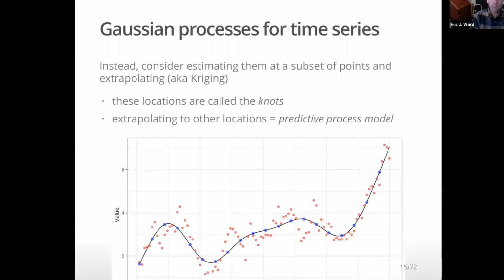We're going to estimate those values, and given those estimates and the covariance matrix, we're going to interpolate the values of the function between the blue dots. Again, we are going to parameterize the covariance matrix the same way, in terms of a couple of parameters, but then we're just going to be evaluating this function at a smaller number of points. And this Gaussian predictive process has the overall effect of smoothing out any trends in the mean.